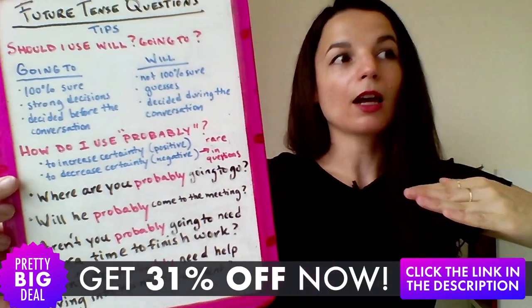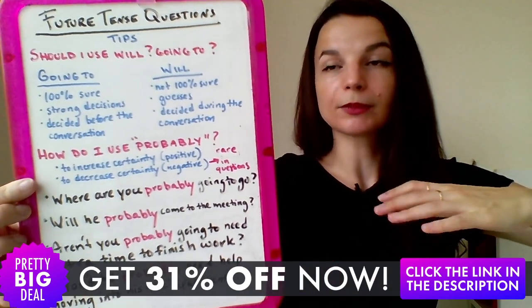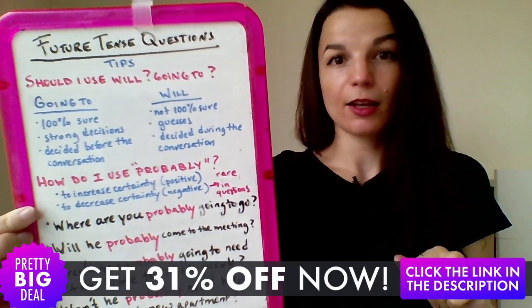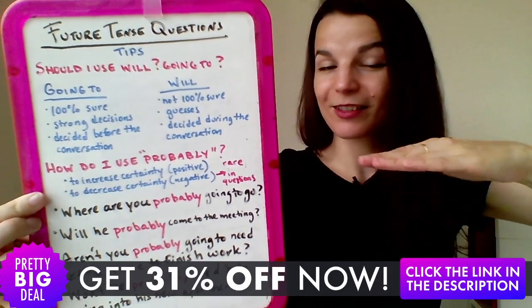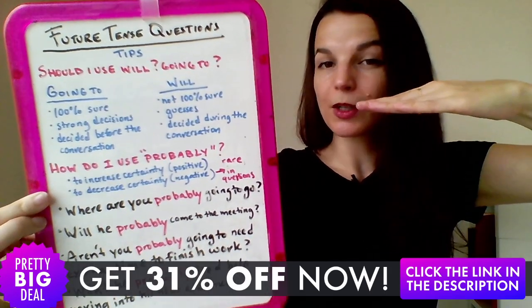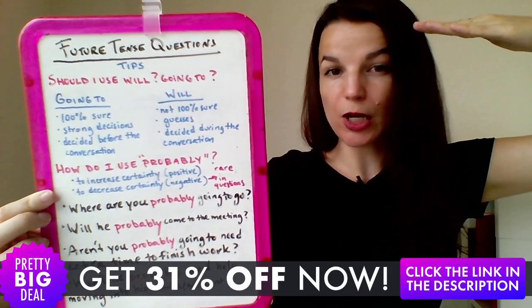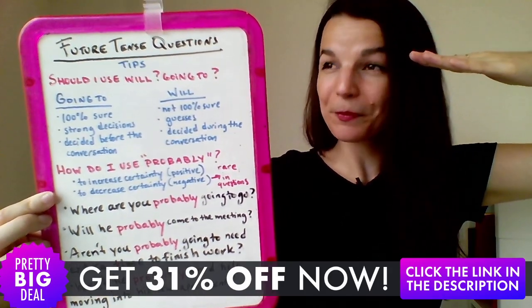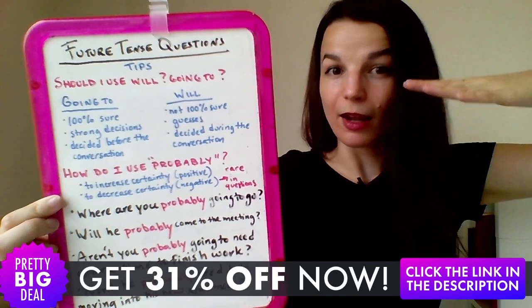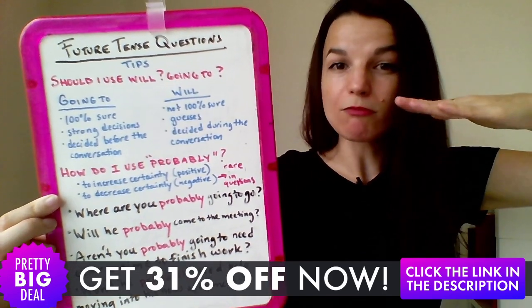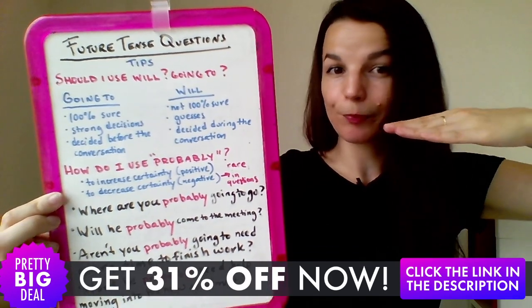That means I want to express not a 100% sure plan, like 80%. So I'm probably going to. Let's imagine a scale. I'm going to is 100%. I'm probably going to is like 80, 90%. It's a good chance. I'll probably is maybe around here, something like that.